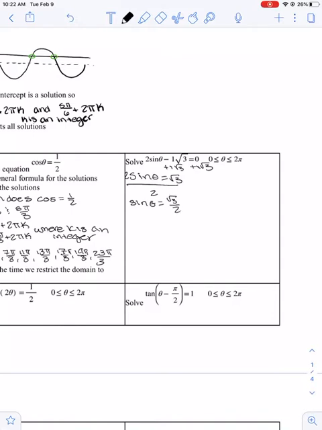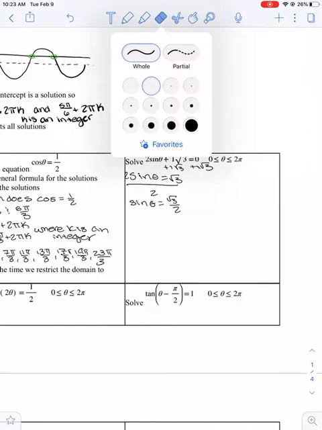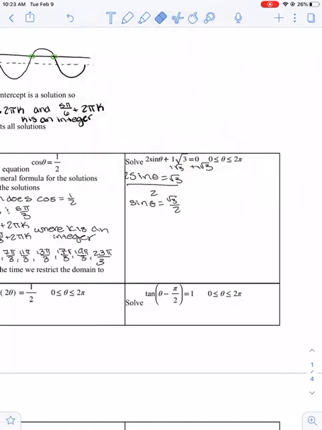So sine theta equals square root 3 over 2. And this was supposed to be a plus here, so it's actually a minus. Minus, minus, minus, so negative root 3 over 2.